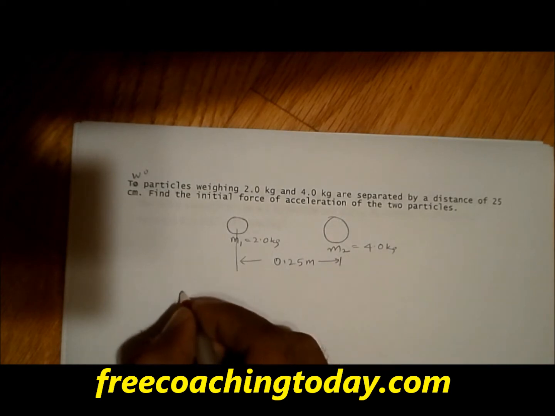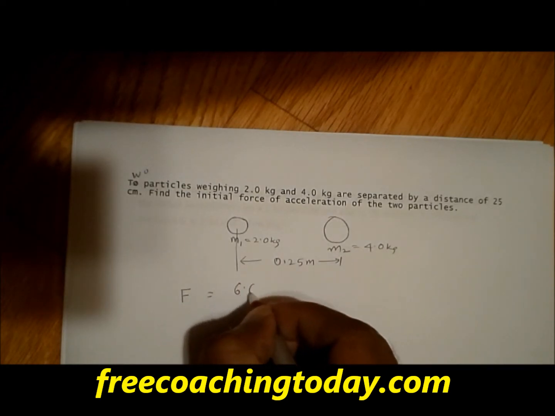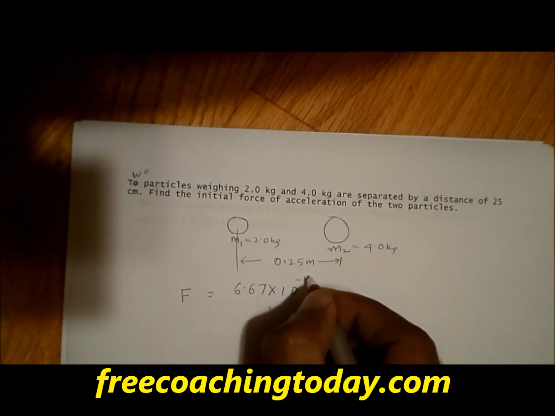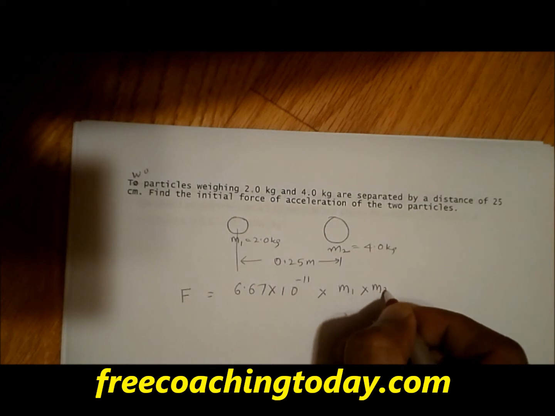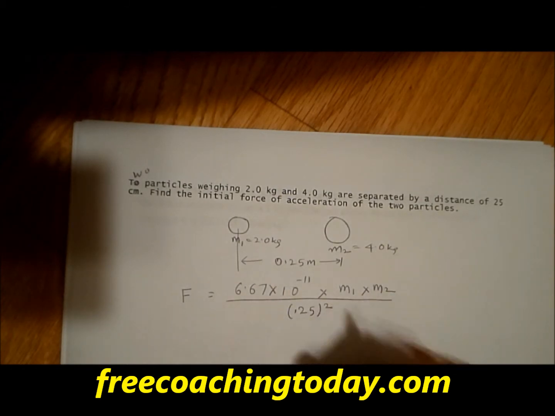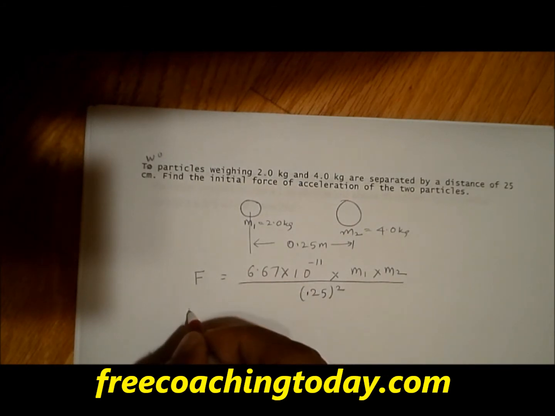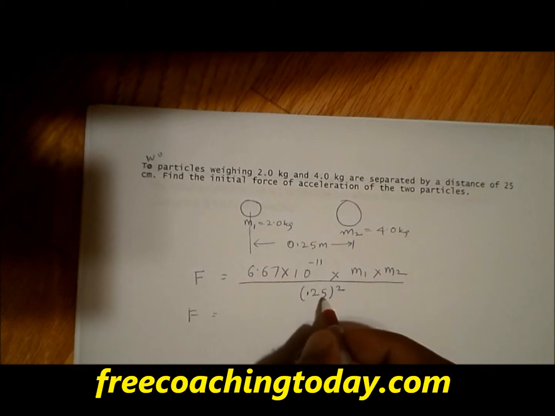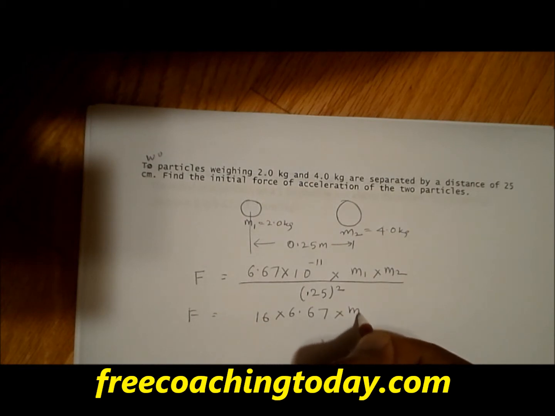So the force of attraction is given by 6.67 into 10 to the power minus 11 multiplied by m1 into m2 divided by 0.25 squared. So 1 by 0.25 is 4, and 4 squared is 16, so it's 16 into 6.67 into m1 into m2.